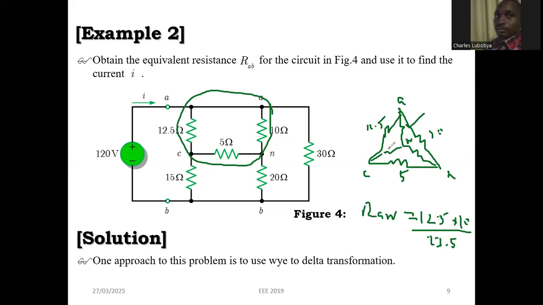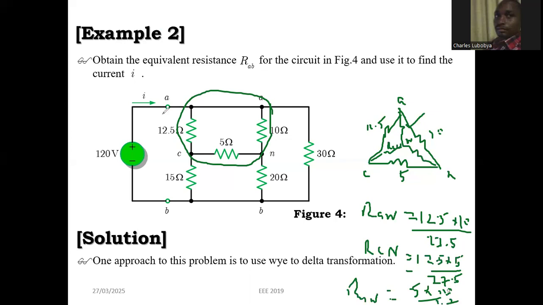The second star result there, let's call it RCN. So RCN here, again, opposite resistors, 12.5 times 5 divided by the sum, which is 27.5. Then finally, you can calculate the resistor RN as 5 times 10 divided by 27.5, which is the sum of it.